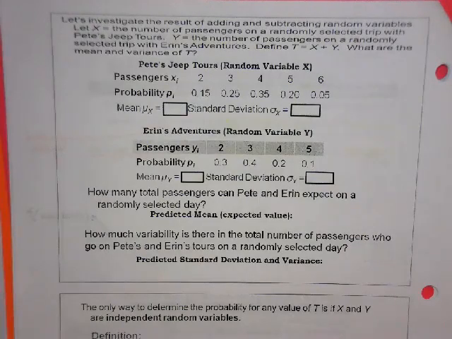Y is the number of passengers on a randomly selected trip with Aaron. We're going to define T as X plus Y. And we're going to figure out the mean and variance, standard deviation of T. We're going to use the variance, find the standard deviation. So this is just like from the warm-up.